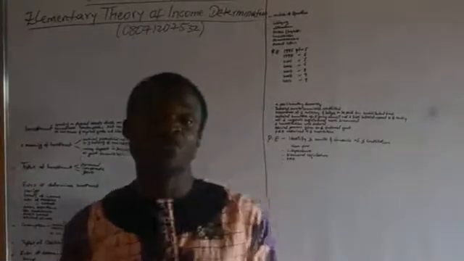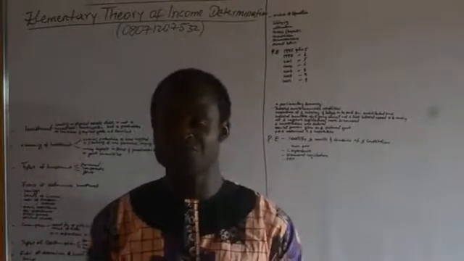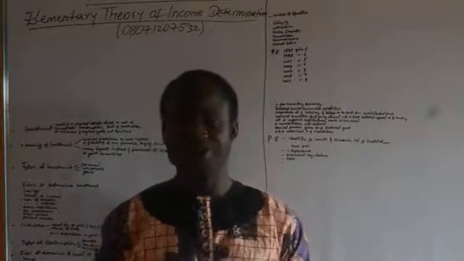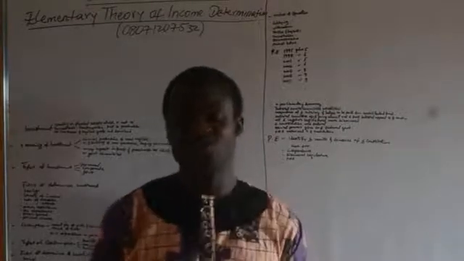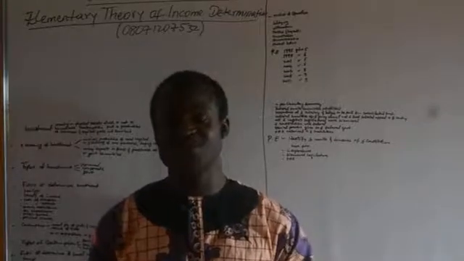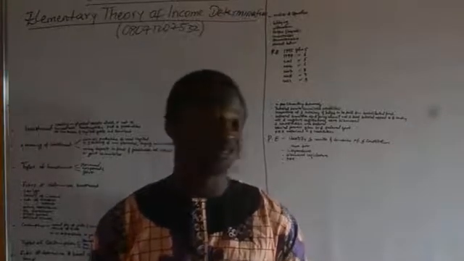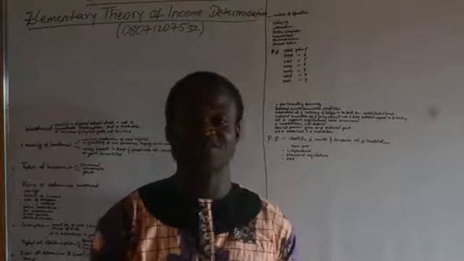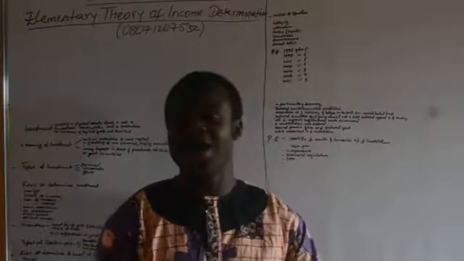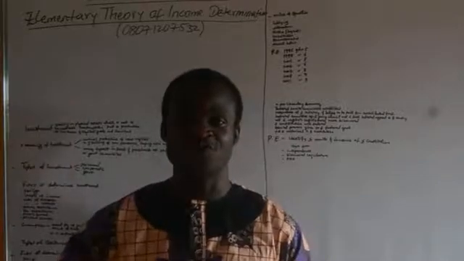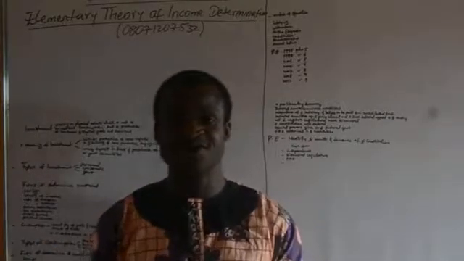Last time we talked about the circular flow of income, how money is generated, the flow of money from the household to the business sector. We said there are two major sectors in the economy: the household sector, which is also the private sector, or the personal or family sector, and then the investment sector, or the company sector.